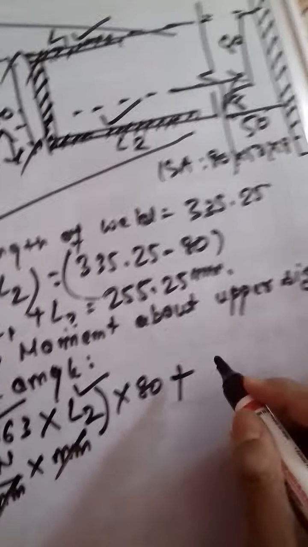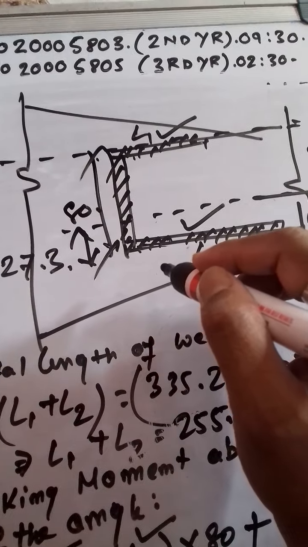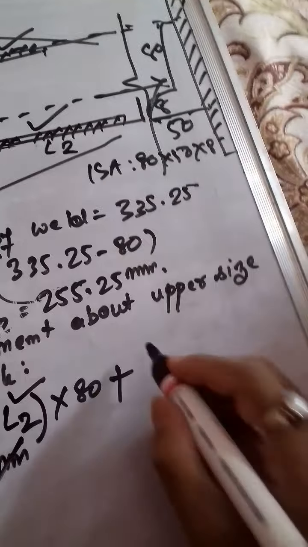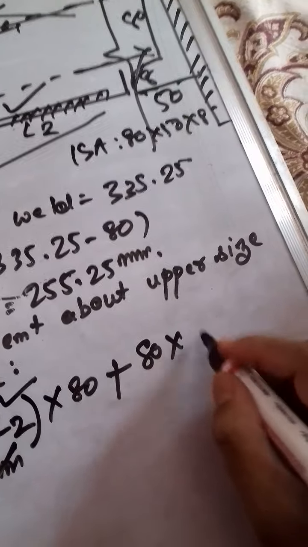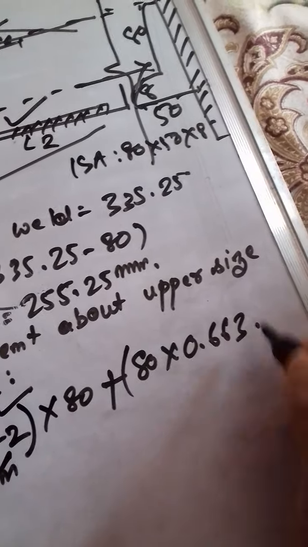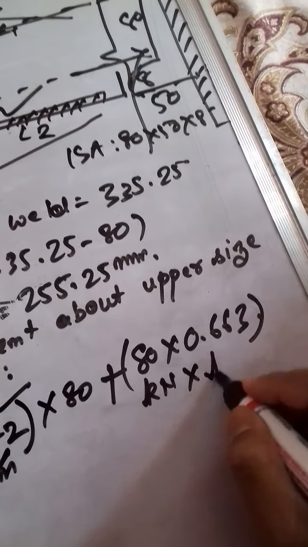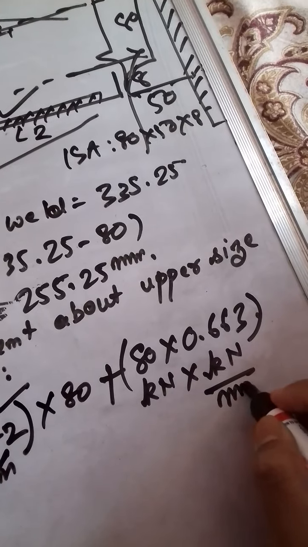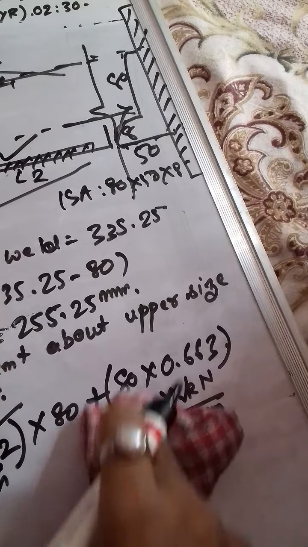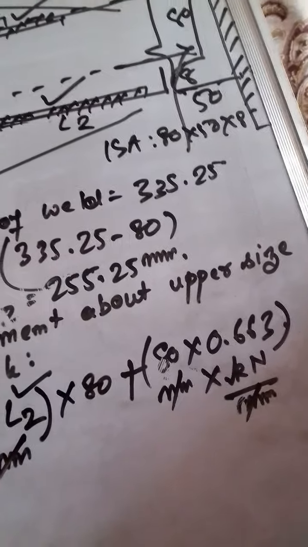Now come to the third portion of the weld, that is the 80 mm. 80 mm is the length. So 80 multiplied by the design strength per unit length, 0.663. This is the force. Same case, kilonewton per mm multiplied by mm, so mm will get cancelled out.